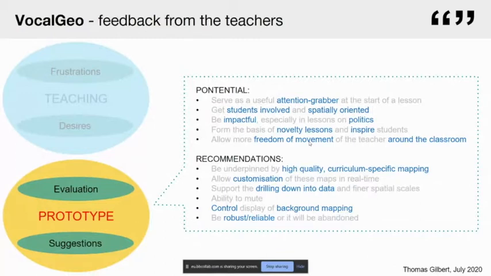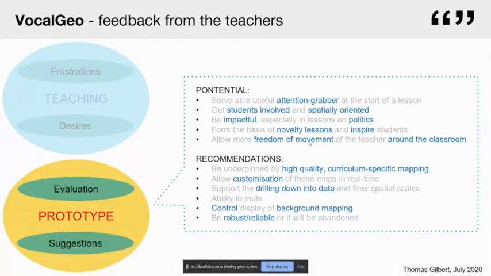They identified that it would be a useful attention grabber, get students involved, help with general spatial orientation, especially on a global scale, get to know where countries are, could have good impact, and outside of geography and history lessons in politics, for example. Be pretty good for inspiring students through novelty lessons, and help the teacher to move around the classroom if it was the teacher's voice that was being interpreted.